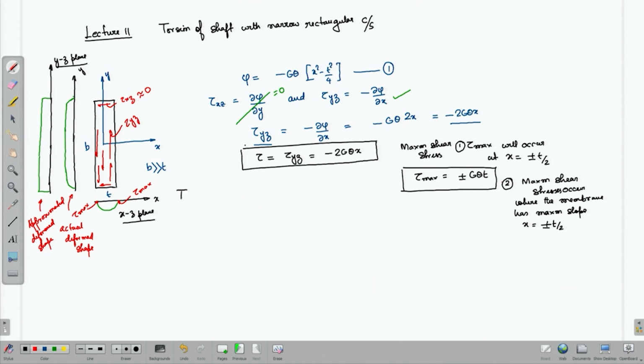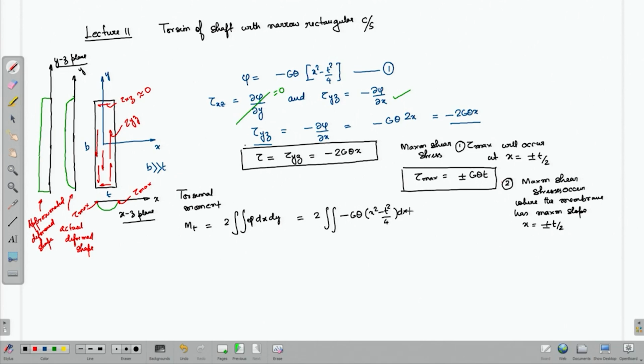Now, let us find out the expression for torsional moment. The torsional moment Mt can be written as 2 into the double integral of phi dx dy. Now, we have seen that phi is minus G theta into x square minus t square by 4.